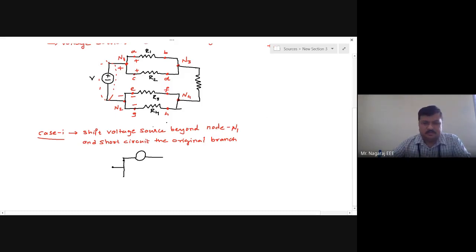That is very important. In all the branches connected. So there are two branches connected to node N1. I have to shift this voltage source in both the branches.